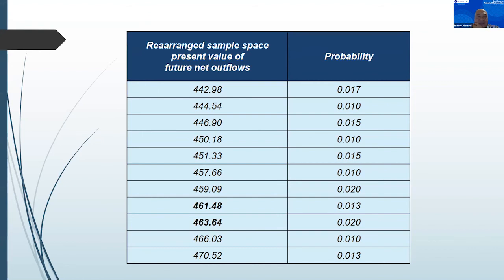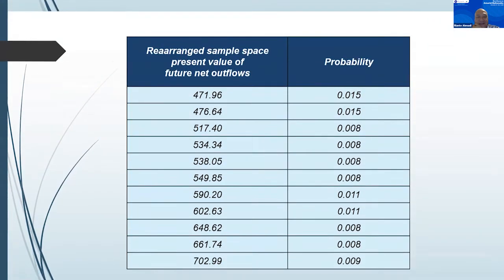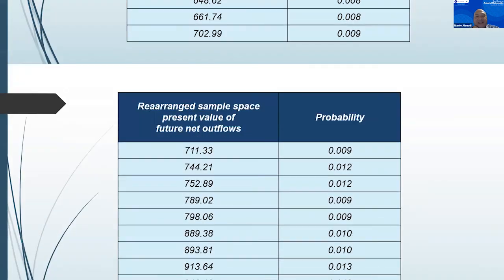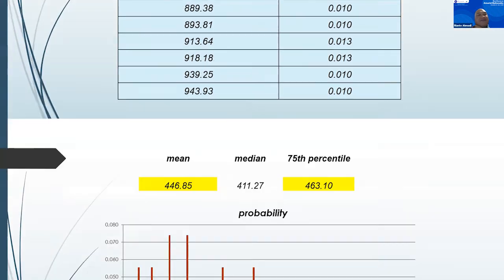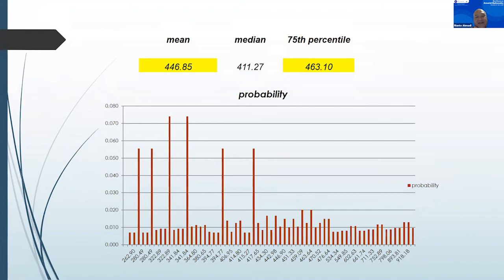So let's continue, get to the summary part. If you construct the probability density function of that present value random variable, it looks like this.